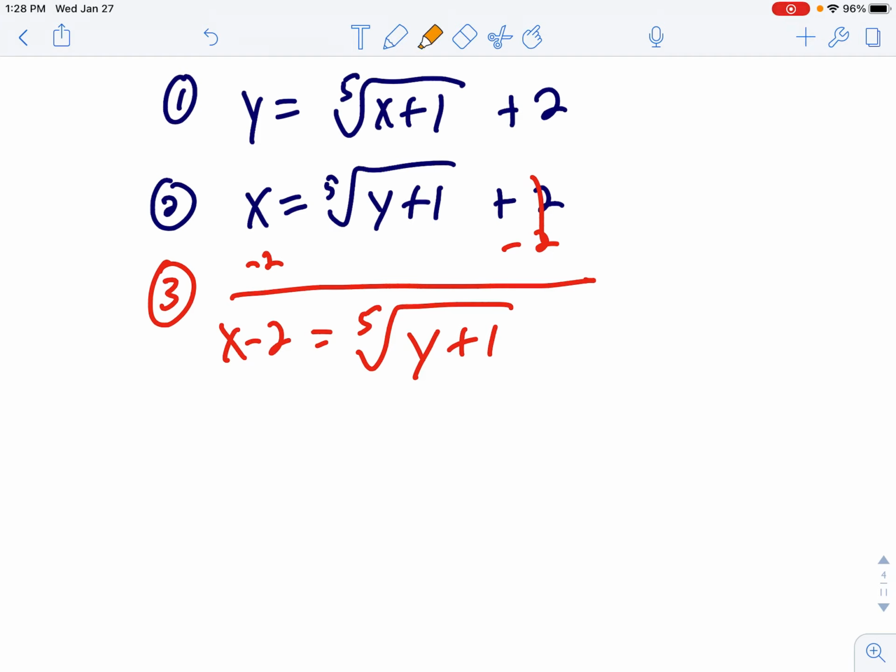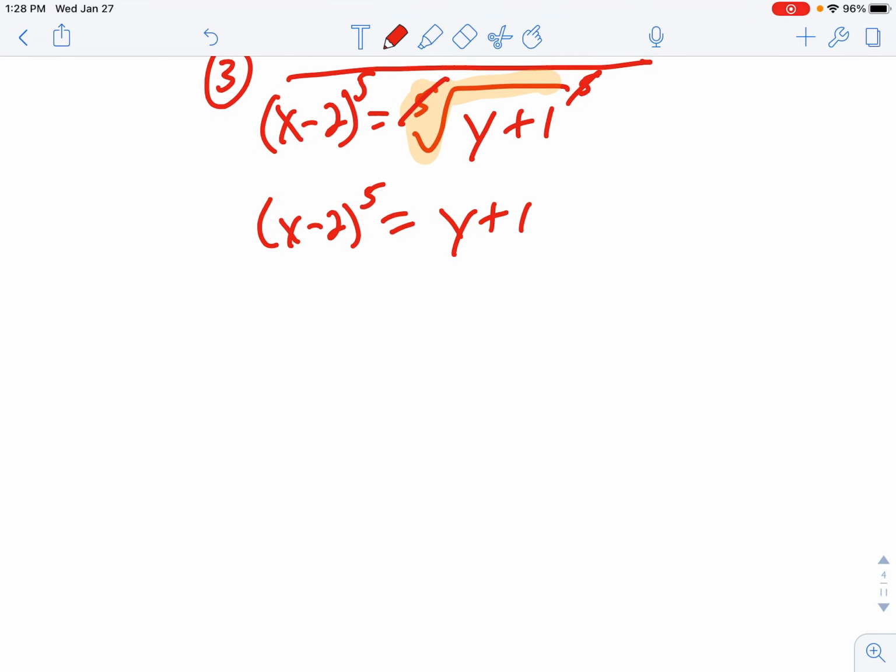To isolate y, I need to cancel out a 5th root. What cancels out a 5th root? A 5th power. If it was a 3rd root, I'd use a 3rd power. So you just need to make sure that those numbers match. And then what you do on one side, you have to do on the other side. All right, those cancel each other out. I get a y plus 1 over here and an x minus 2 to the 5th over there.